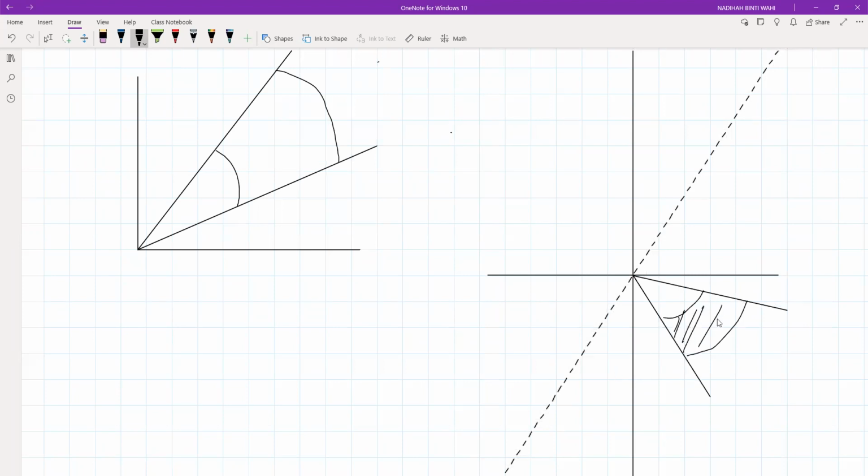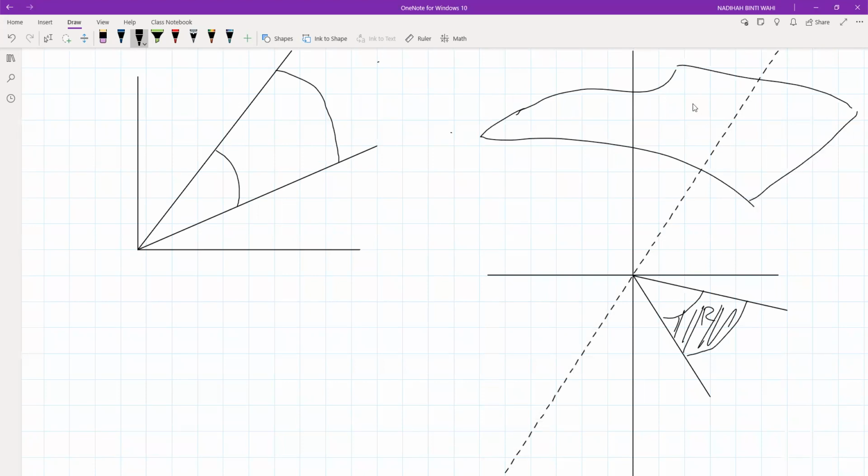So this one is this region R, and then ada some kind of surface dekat atas ni. So dia daripada sini, dia akan membentuk a solid.